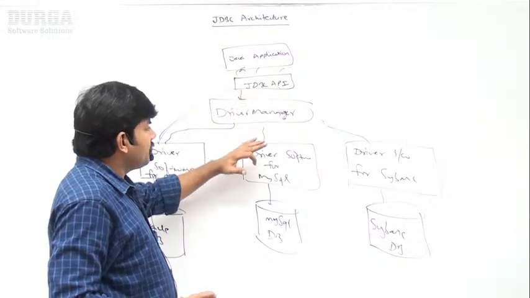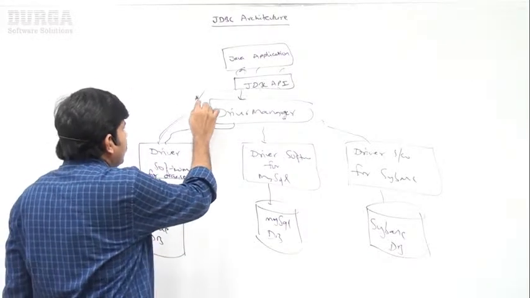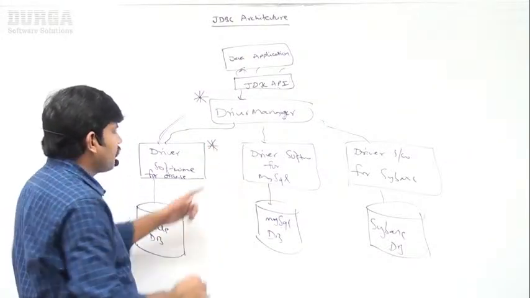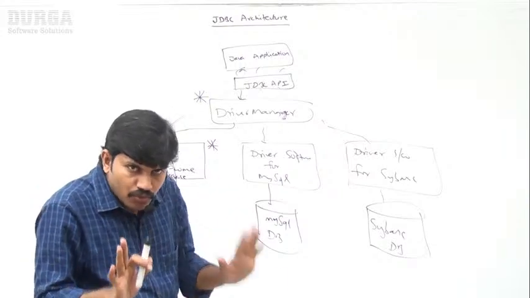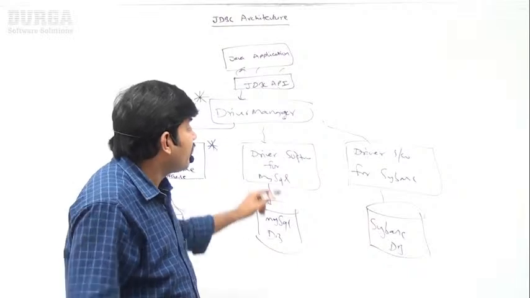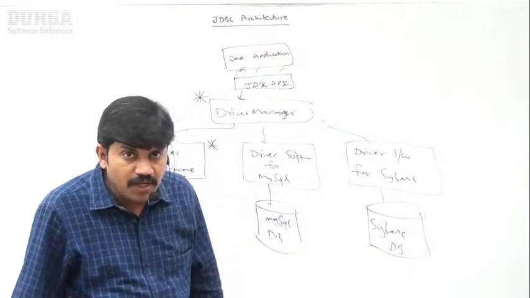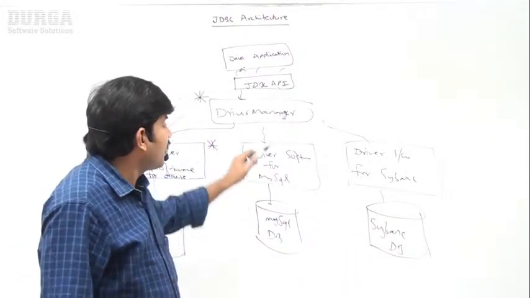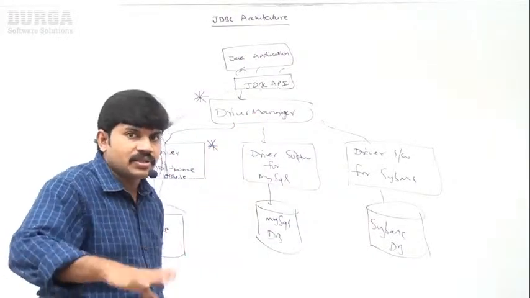So in this JDBC architecture, there are two important components. One is the driver manager, and the second one is the driver software. Can you spell out what is a driver manager? What is its role? Driver manager is a class present inside the java.sql package. Driver manager is responsible to manage all database drivers, to register a driver, and to unregister a driver.